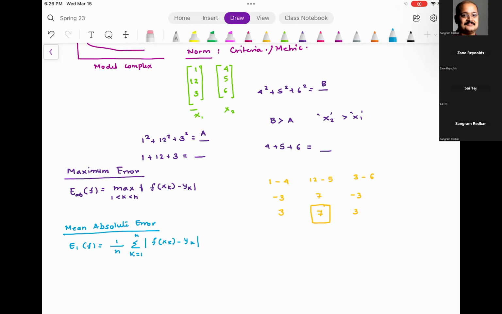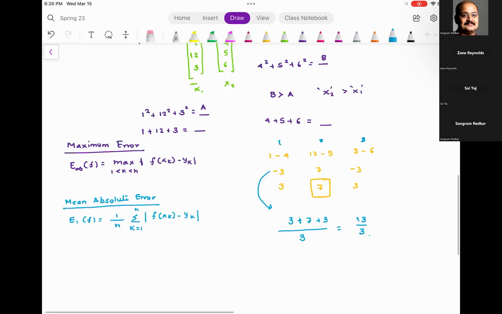So if I were to do the mean absolute error, this will be 3 plus 7 plus 3 divided by n, where I have 1, 2, and 3, so n value is 3. So 3 plus 3, 6. 6 plus 7, 13. So 13 by 3 is the mean absolute error.